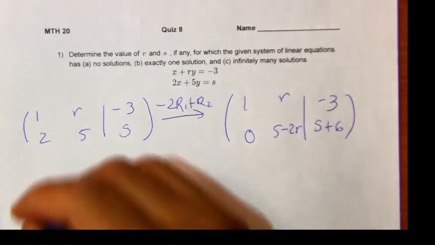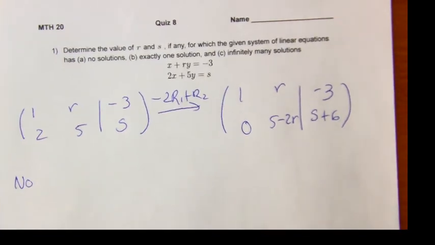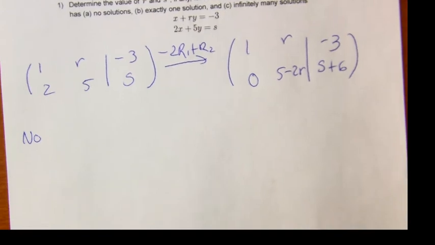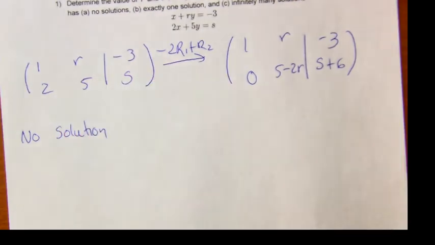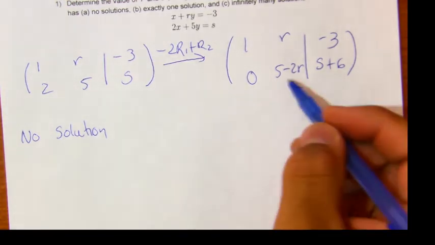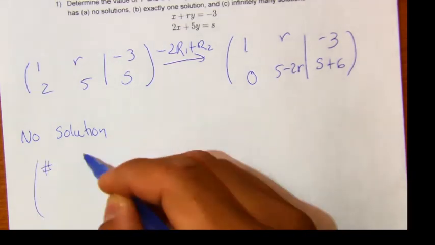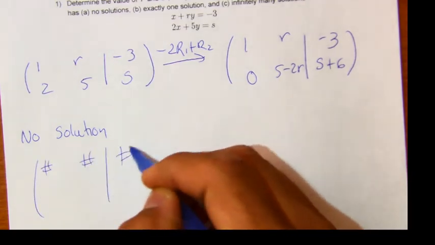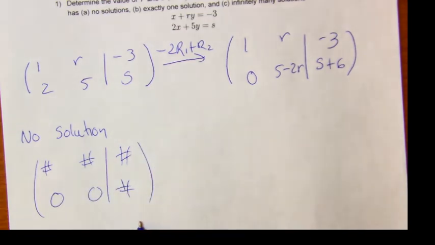So I'd like to know when there is no solution. I'll start with A. To get no solution, down here we'd have to have 0, 0, and some number that is not 0.